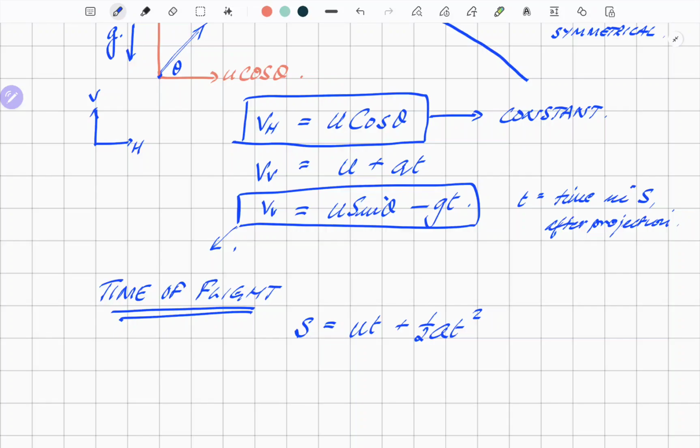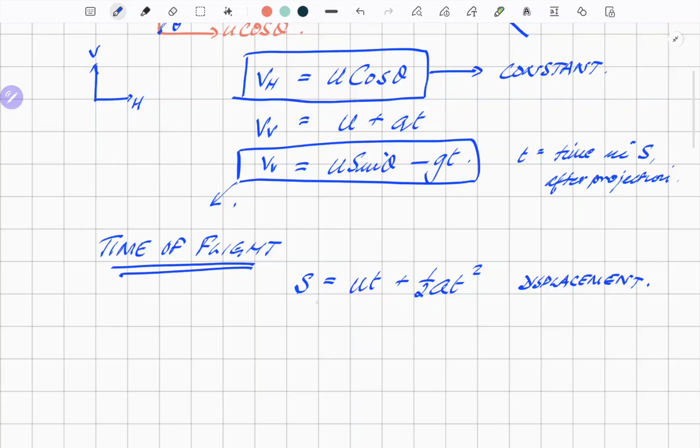Displacement. Yeah, cautious, because that can be negative. So s is displacement. So if we now put our projectile motion values into this, the s is effectively height above the point of projection.